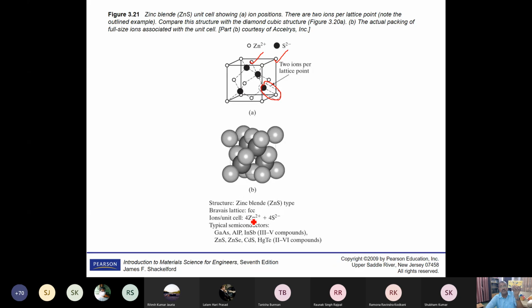Number of ions per unit cell: 4 zinc ions and 4 sulfur ions. The Bravais lattice is obviously face-centered cubic. You see the LED lights based on gallium arsenide, these compound semiconductors have a zinc blende type structure. These are the 2 unit cells of zinc blende.